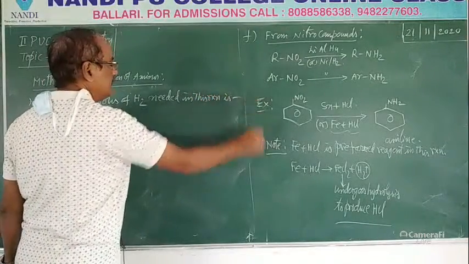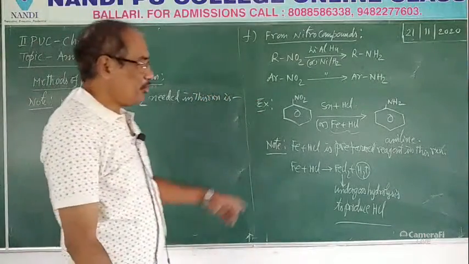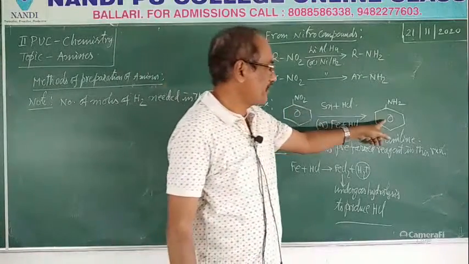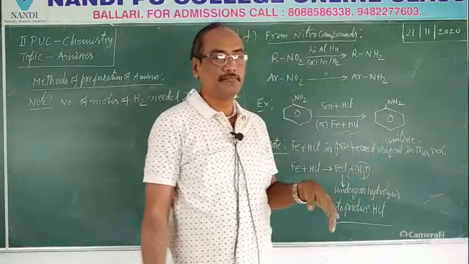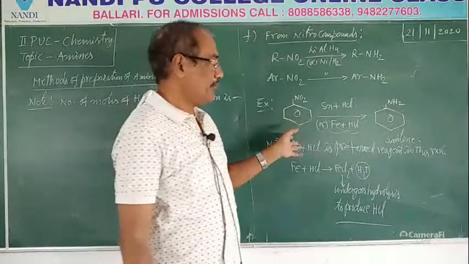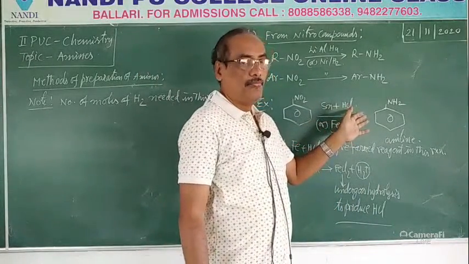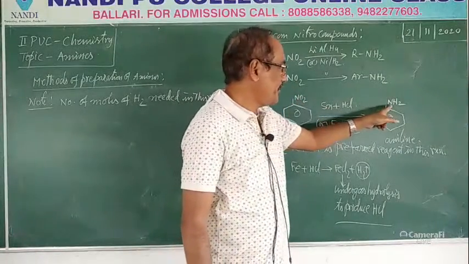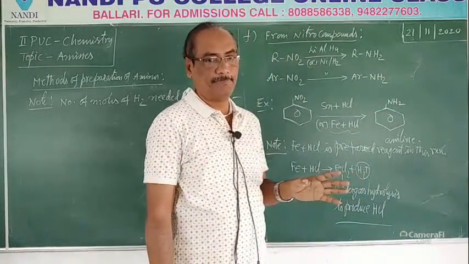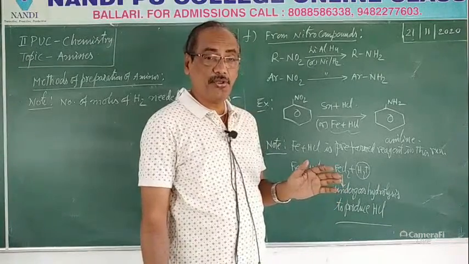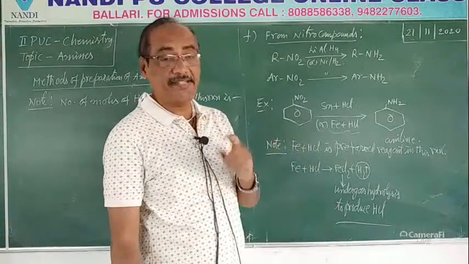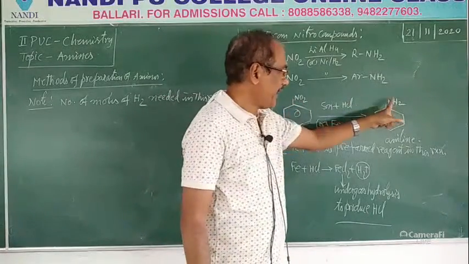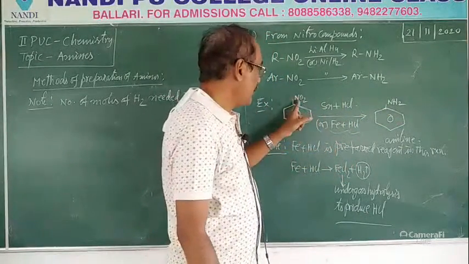Now tell me, how many moles of hydrogen are needed for this conversion? You can know that by seeing these groups. You know that the NO2 group changed to the NH2 group, right, children? That means these oxygens are replaced by hydrogens. How many oxygens are replaced?